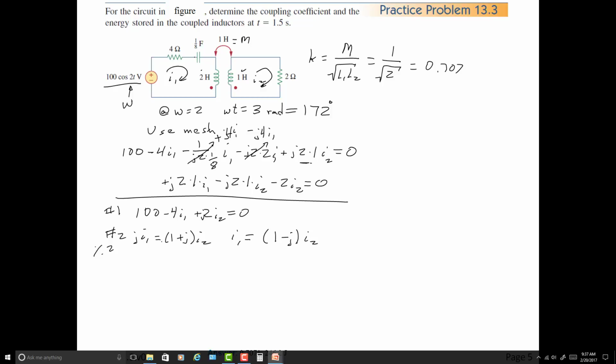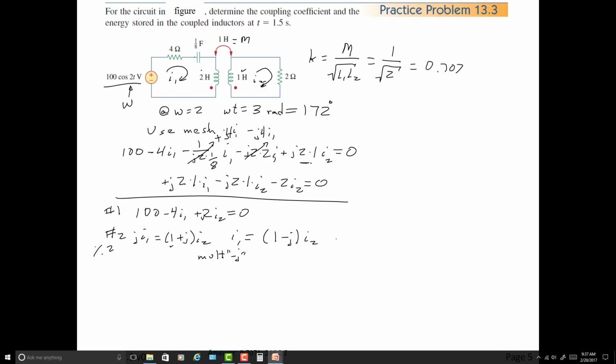If I multiply by minus j, you get the 1 turns into a minus j, and this turns into a minus j squared, so plus 1. Yes, that's good. So now we have that.